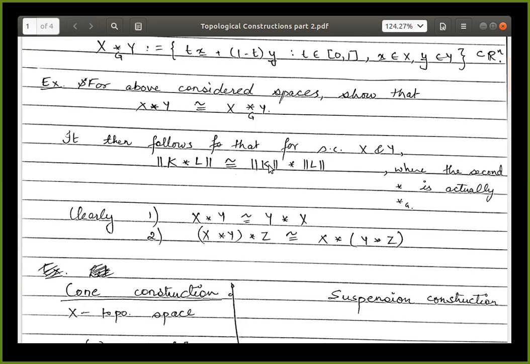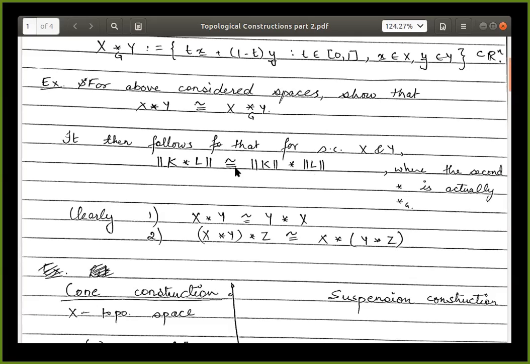Using this, you can see that if you have two spaces that are homeomorphic to each other, then their geometric joins are preserved under the join. So if K is homeomorphic to some K prime, and L is homeomorphic to some L prime, then K star L is going to be homeomorphic to K prime star L prime. You take homeomorphic, not homotopic.